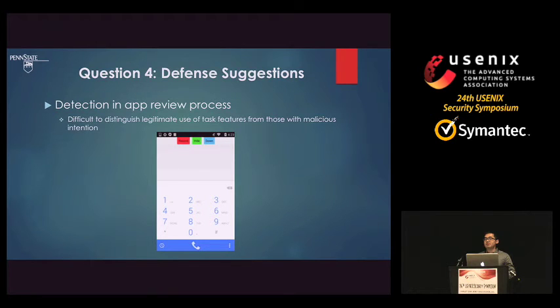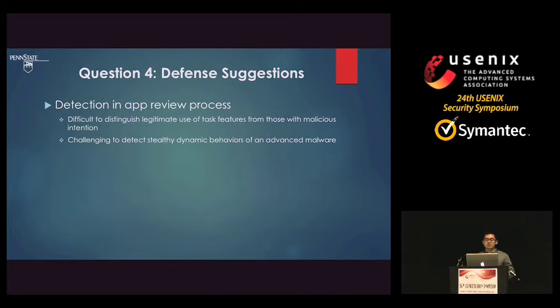By specifying the task affinity the same as this dialer app, a voice recorder application can show up an array of control buttons on top of this dialer application, such that the user can control the voice recording functionality of this app. However, technically speaking, this voice recording application has already interfered with the GUI integrity of the dialer application, and it's hard for the app review process to distinguish if this is for a benign or malicious purpose.